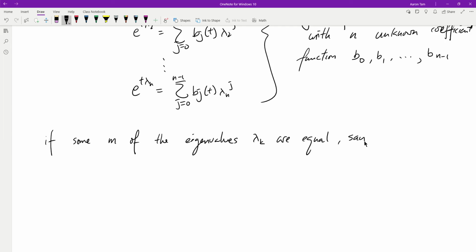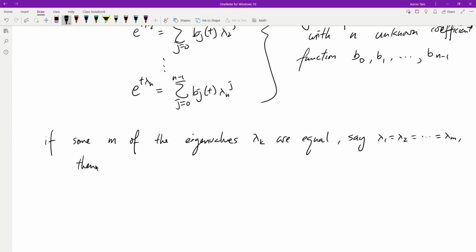Let's say, for instance, lambda 1 equal to lambda 2 equal to ... equal to lambda m, for that many eigenvalues being repeated. Then what happens is this.